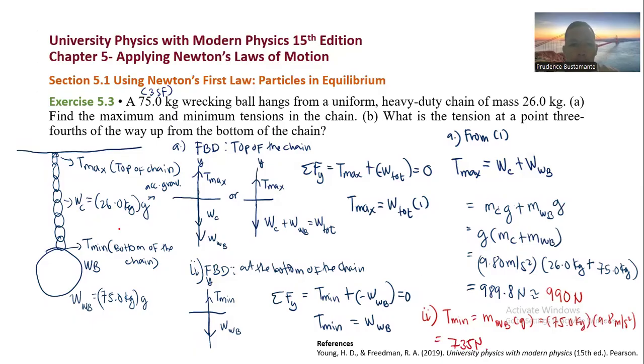We already answered that. So what is the tension at the point 3/4 of the way up from the bottom of the chain? So meaning, from the bottom of the chain, we're going to cover 3/4 at this point.